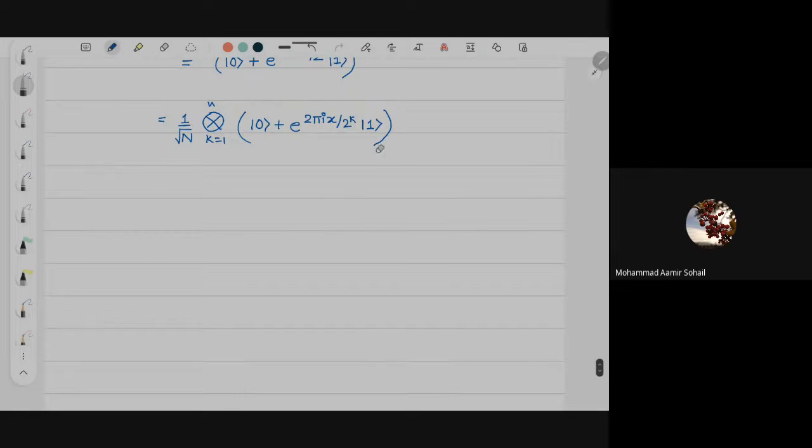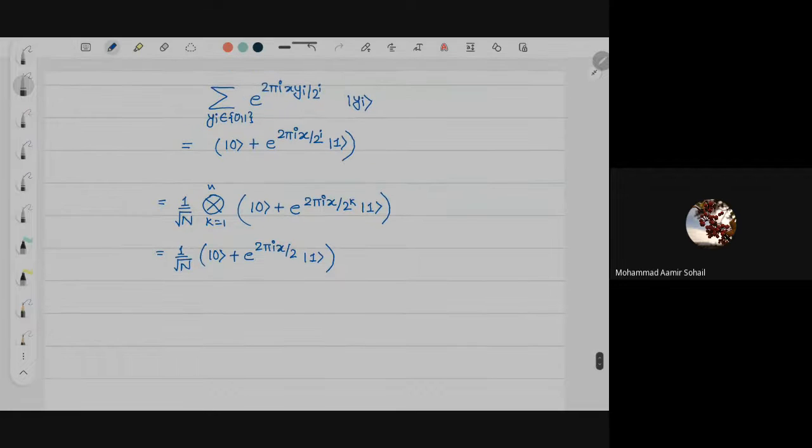So we can write this one, we can expand this one. Just for the sake of clarity, this will be 0 plus e raised to 2 pi i x by 2, 1.